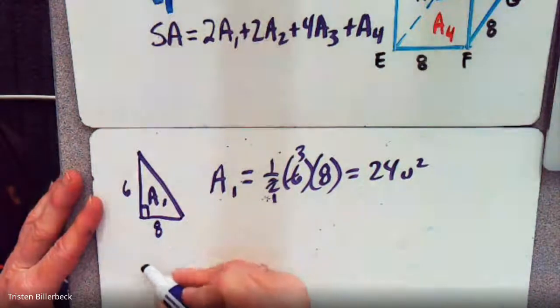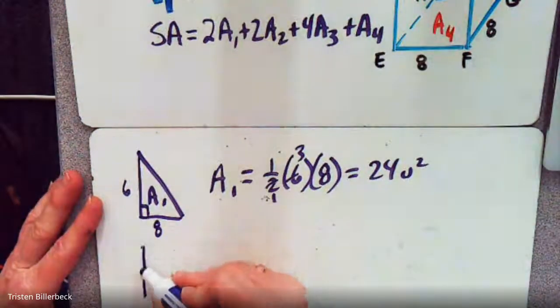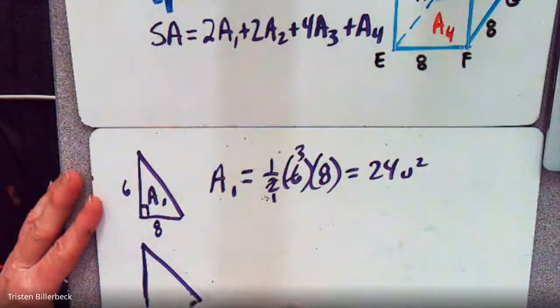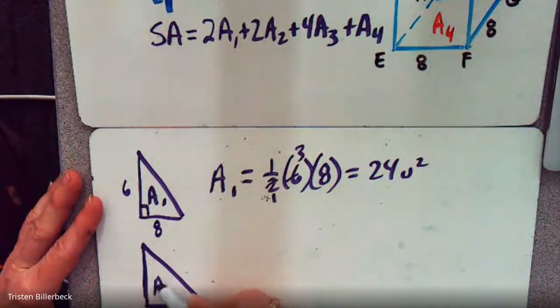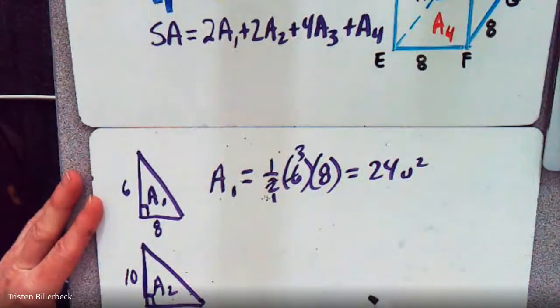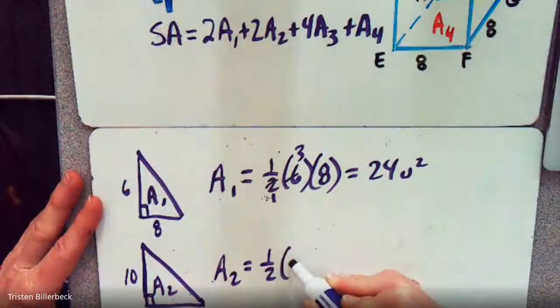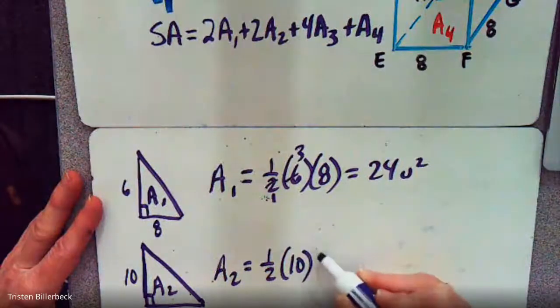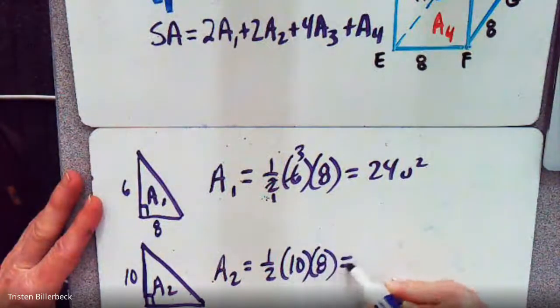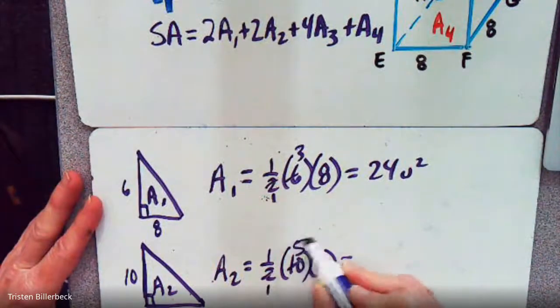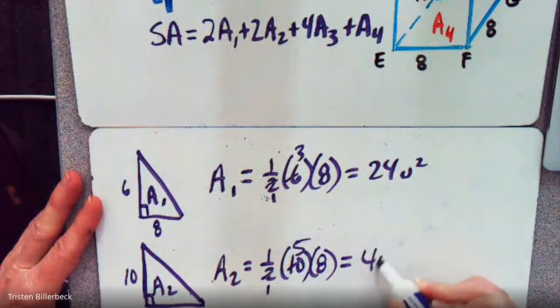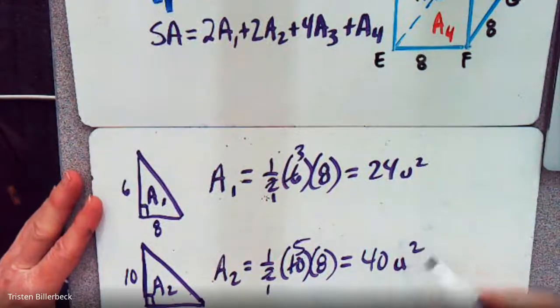Okay, A2. Okay, we have our right angle here. This is 10 and this is 8. So we have A2 equals 1/2, and we have 10 times 8, which is 40 units squared.